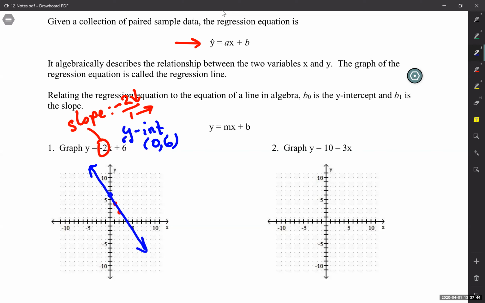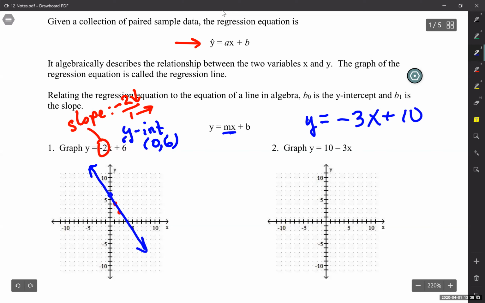All right, so again, we're going to do this. Notice on this problem, it's written backwards from how it was on the first problem. So the first number is not the slope. The slope is the number that's with the x. If you prefer, you can rewrite this as -3x plus 10, and then it will follow the same format, with the (0, 10) being the y-intercept, and the -3 over 1 being the slope.